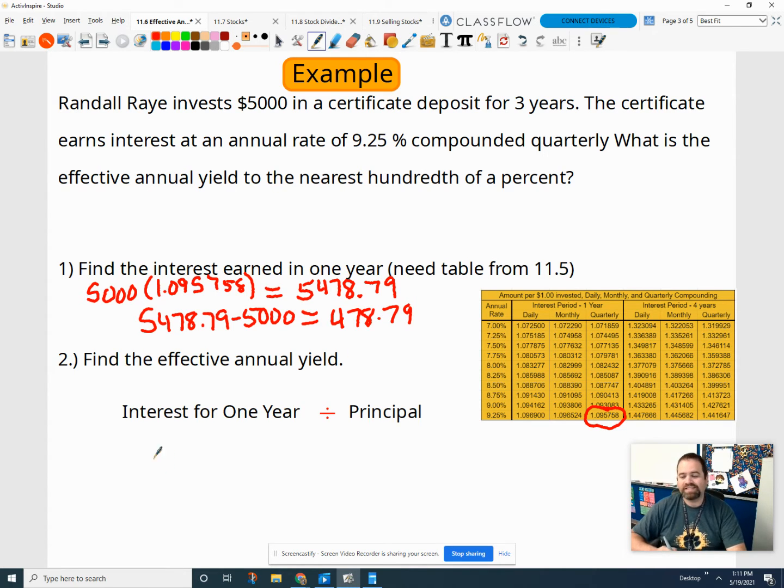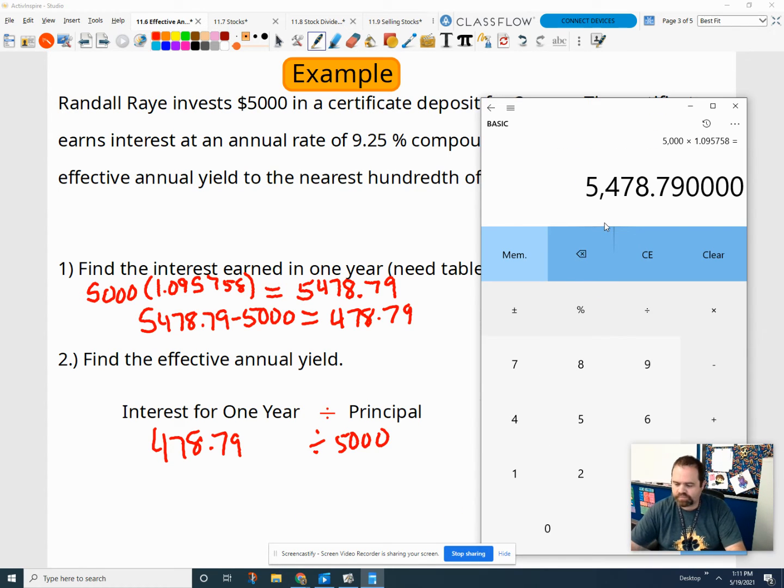To calculate his effective annual yield, I take the 478.79 and divide that by the original $5,000. Here's why I wanted to use my computer calculator, because I want you guys to see this. 478.79 divided by 5,000.